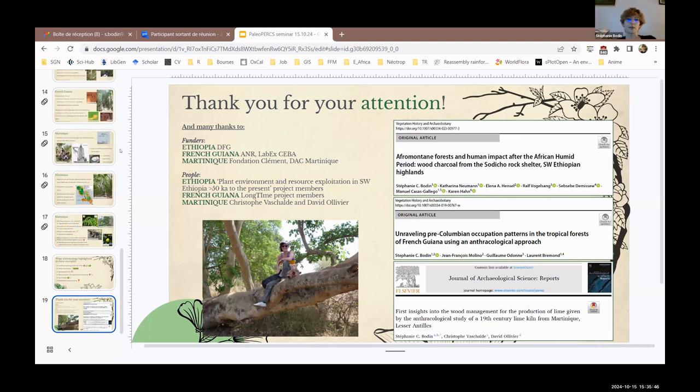Yeah, I think it's really important. For example, I know that my colleagues, ethnobotanists, ethnologists, anthropologists, are very concerned that this knowledge is lost, because most of the time it's transmitted orally, by speaking.